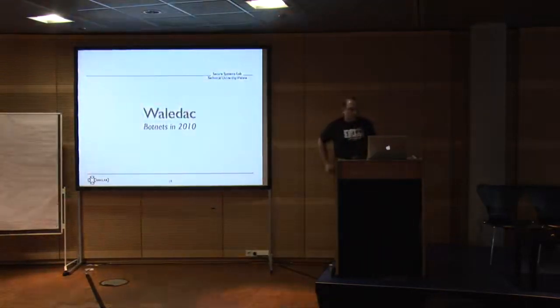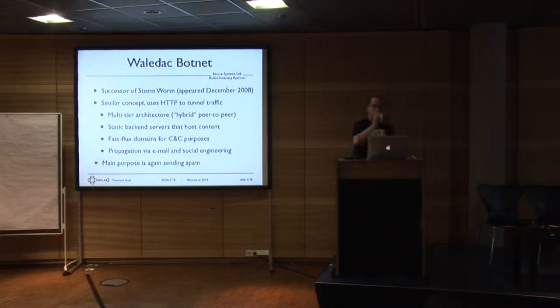Okay, so much for Storm and the different techniques: fast flux, template-based spamming, all those spam waves, the social engineering and everything. And now to Whaledeck, which was the large botnet in 2009 and now also in 2010. Whaledeck first emerged about December 2008.